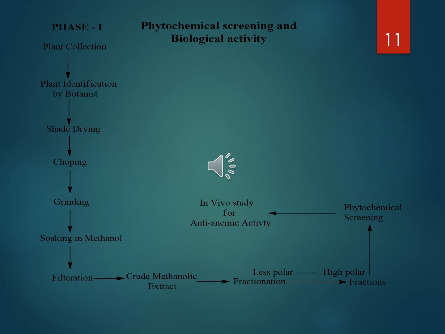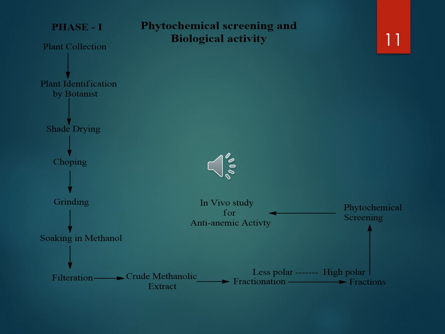This methanolic extract is now subjected to fractionation. Fractionation is carried out using different organic solvents from less to high polarity, including hexane, chloroform, ethyl acetate, methanol, and butanol. So we get 4 to 5 different fractions on the basis of the polarity system.